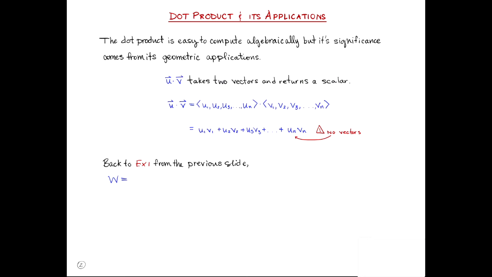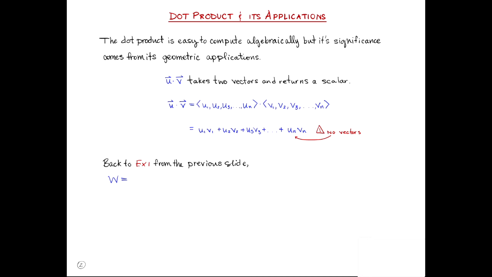In n dimensions, for some vector u, (u1, u2, u3, ..., un), the dot product of that with (v1, v2, v3, ..., vn) is u1v1 plus u2v2 plus u3v3 plus ..., all the way up to unvn. And notice that this returns a scalar back to us.